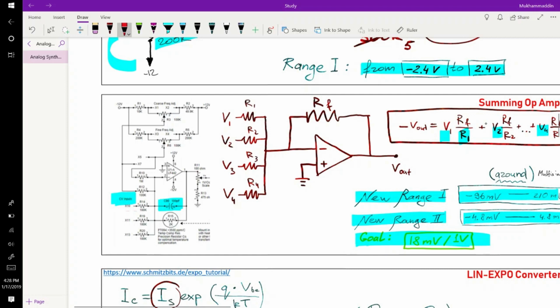Now, that brings us back to the needs of this capacitor.